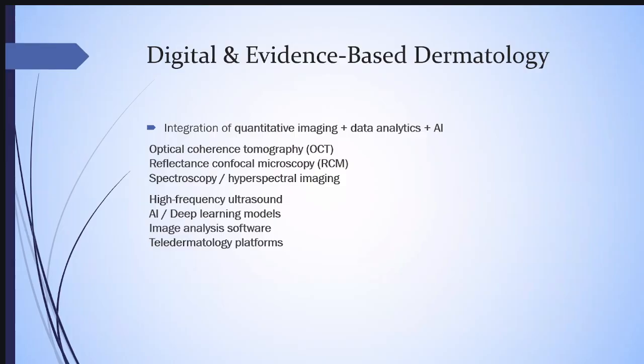Apart from that, other ones are optical coherence tomography and high frequency ultrasound. Sometimes you have a small swelling in the skin. You do a high frequency ultrasound, which is going to give the superficial, skin level data very clearly. And then there are deep learning models, image analysis software, and now a lot of teledermatology platforms.